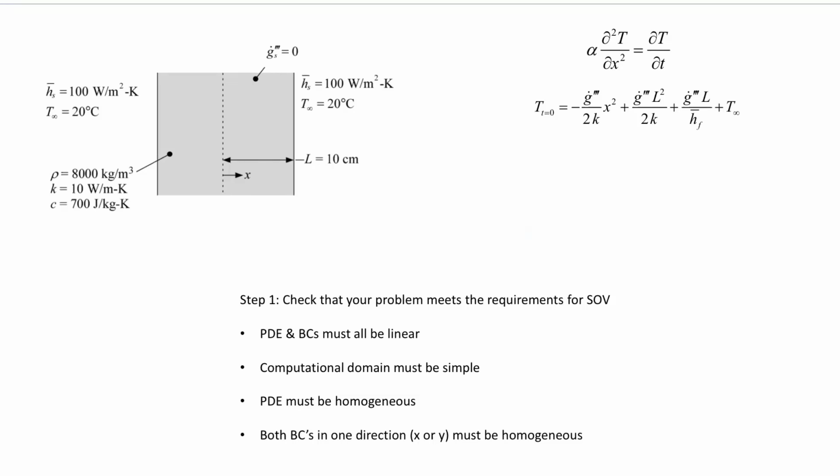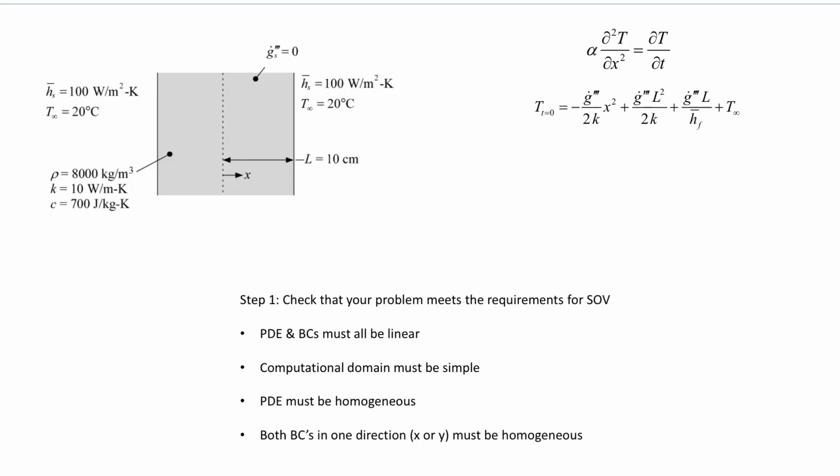Yes, you don't see any products of multiple variables there. The domain is simple in time and simple in space. And the PDE is homogeneous; you don't see any leftover stuff in the PDE that's unrelated to the derivatives. Both boundary conditions in one direction must be homogeneous, so we'll get to that.